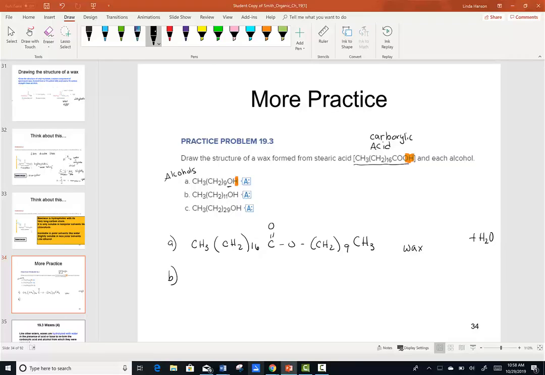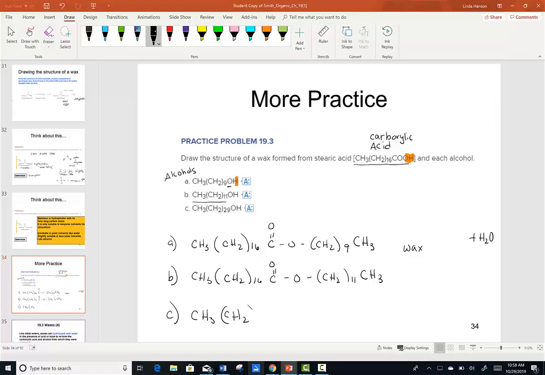Letter B. We start with the same carboxylic acid, so the left side of our wax has the exact same structure throughout all of this problem. What is only going to be different is the original primary alcohol. This time the alcohol has 11 groups of CH2 units, ending with the CH3. And finally in the letter C, we're seeing the pattern.